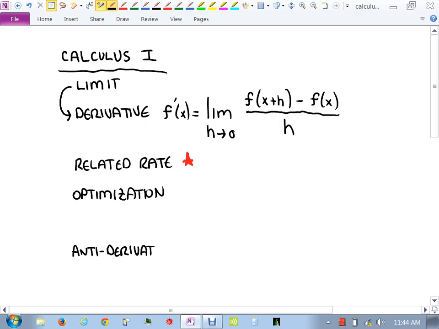The farmer and the fence, right? How many of you did a farmer and fence problem? Yeah. Okay. But there's lots of different optimization. These two are usually the main goals of a Cal 1 class. You want a student to be able to, not be okay with any related rate problem, but to feel somewhat comfortable with related rates and optimization.